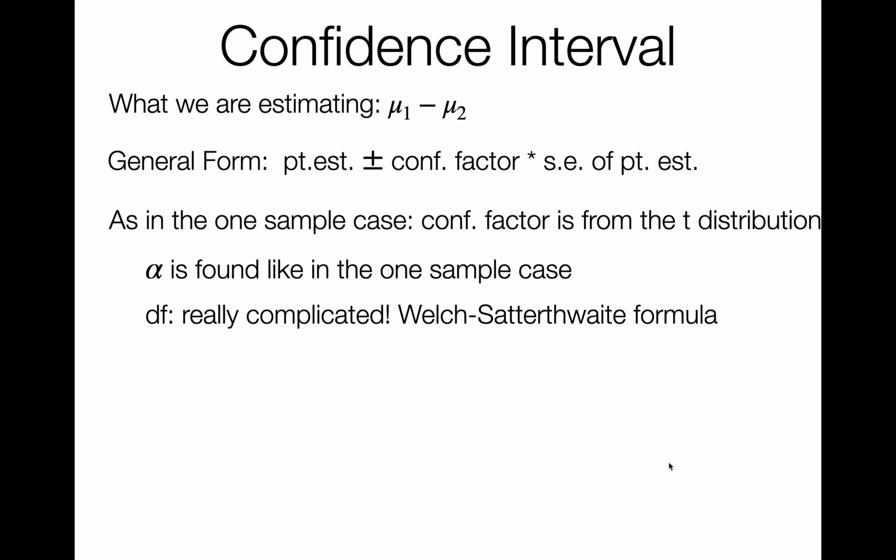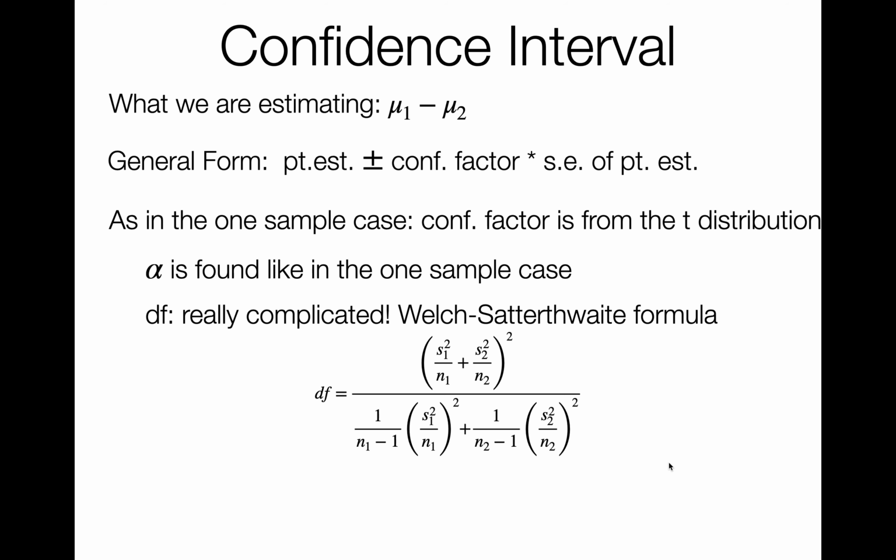It was n minus 1 degrees of freedom. But in this two sample case, it gets much more complicated. What's used in practice is what's called the Welch-Satterthwaite formula to calculate the degrees of freedom.